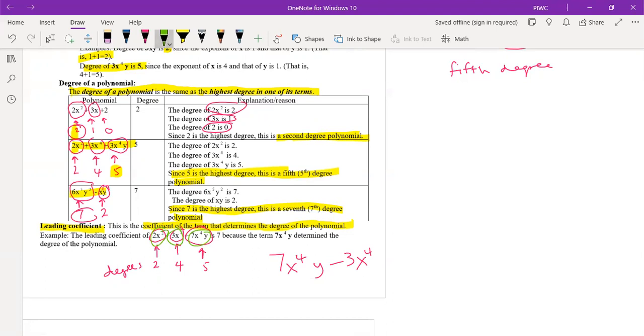So this term, 2x squared, will be written next. So this is the standard form, that is, descending degree.